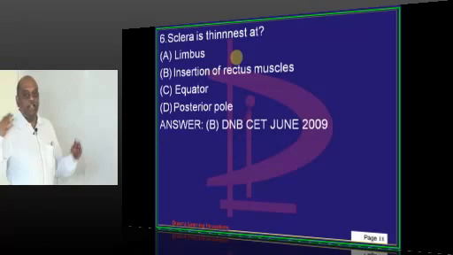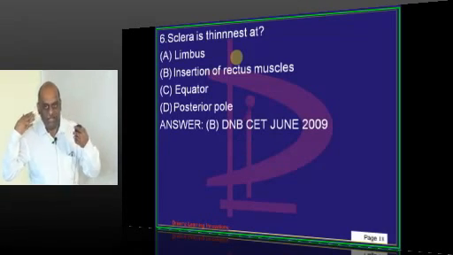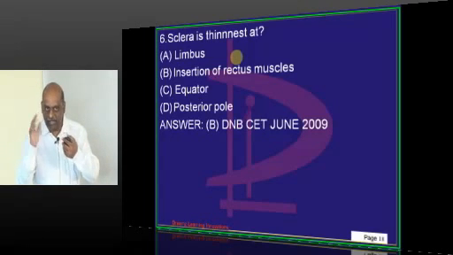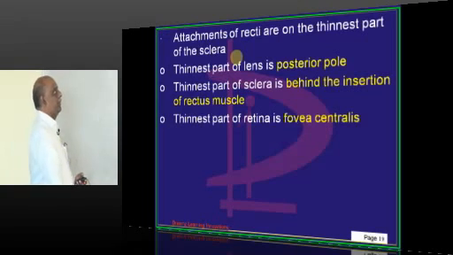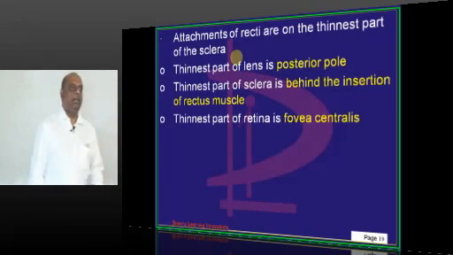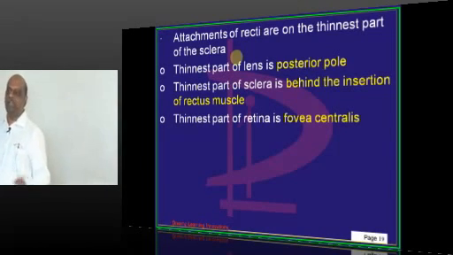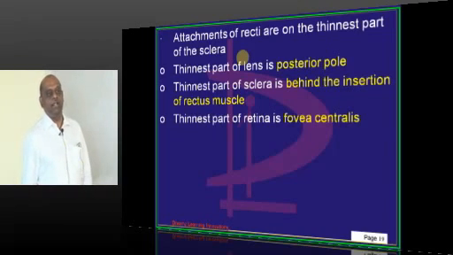It is thinnest at the point where the rectus muscles, the extraocular muscles, insert into the white coat of our eyeball. So the point where they are inserting is the thinnest part of the sclera, is what you need to basically remember. So summarize, doctor, for tomorrow's exam, the same question will also come.